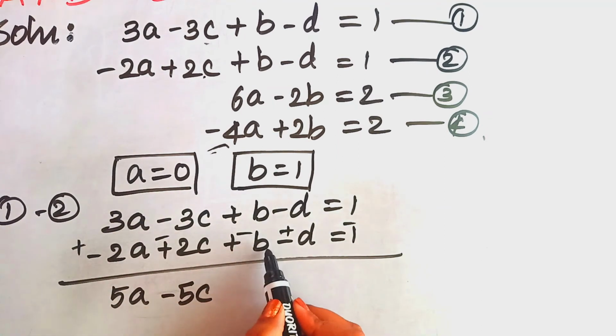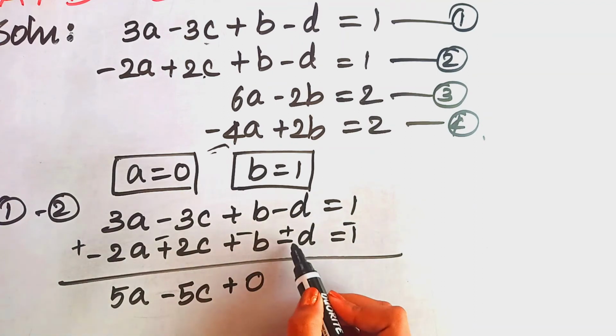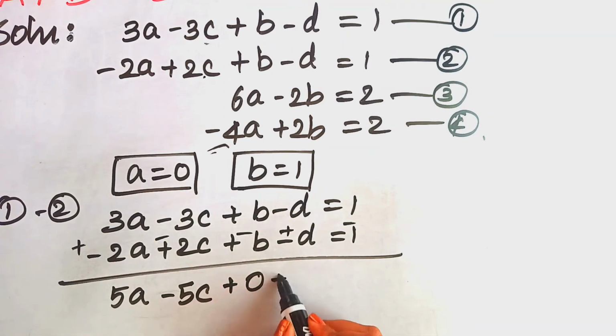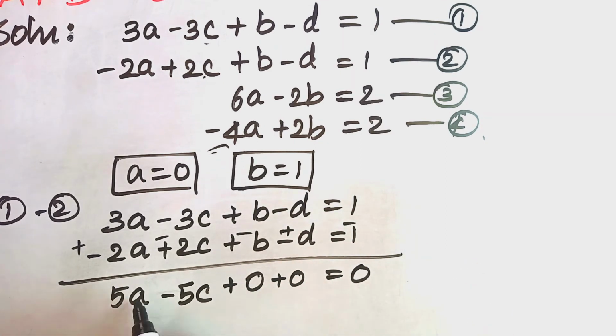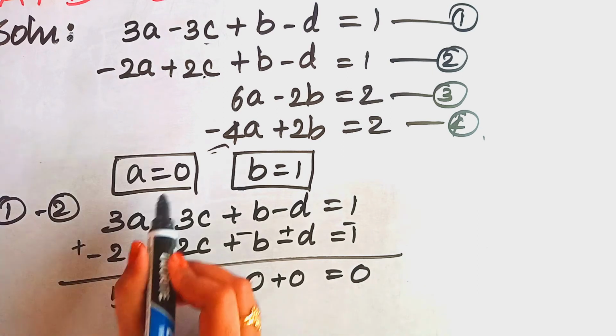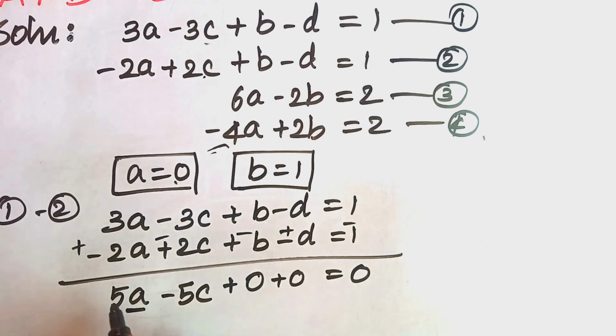Then B minus B will be 0, D minus D will be 0, and 1 minus 1 will also be 0. We know the value of A is 0, so substituting that here it will also be 0. The final equation will be minus 5C is equal to 0.